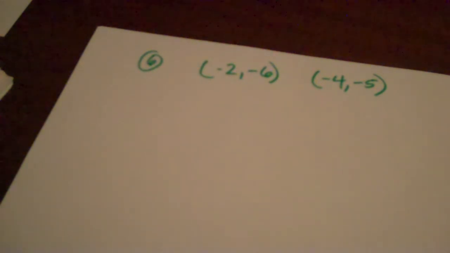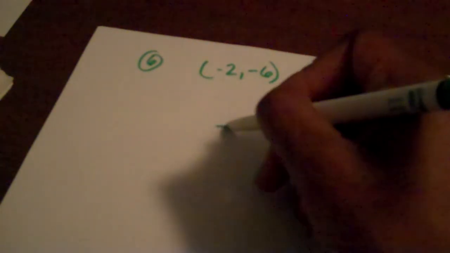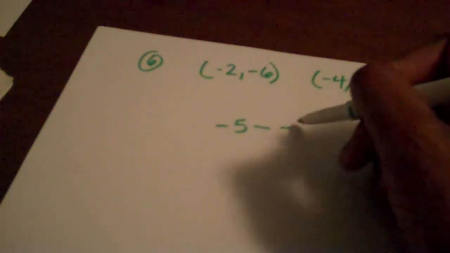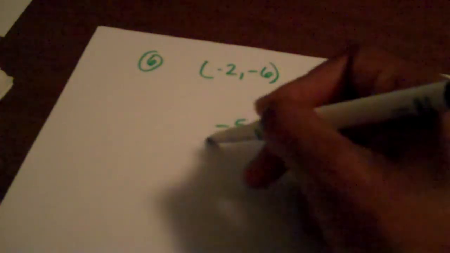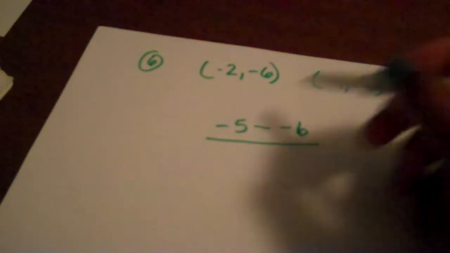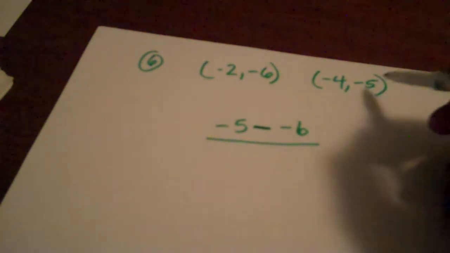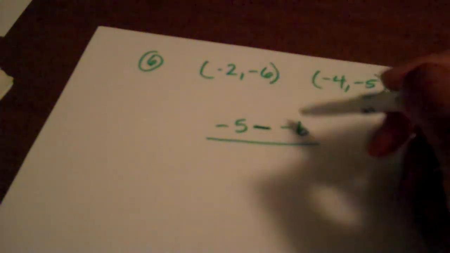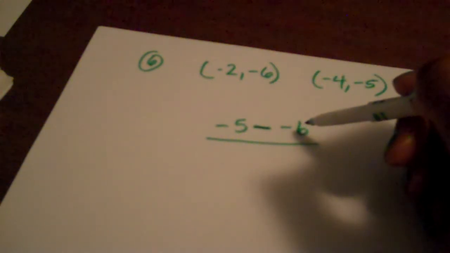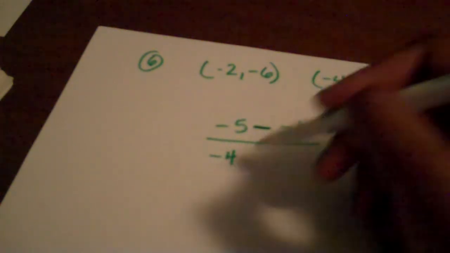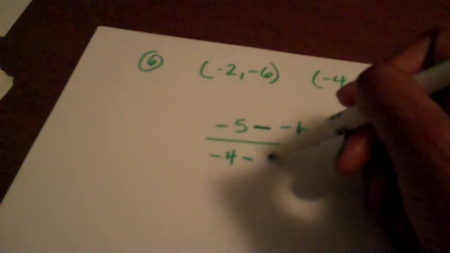So here we have -5 minus -6. Please notice how I am not trying to get rid of those negative signs. We're always going to have a minus sign in between our two numbers. So -5 minus -6. Now I want to find my change in x, -4 minus -2.